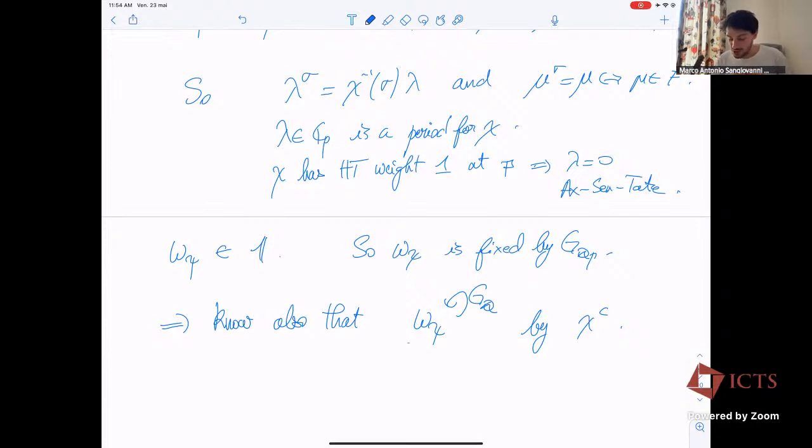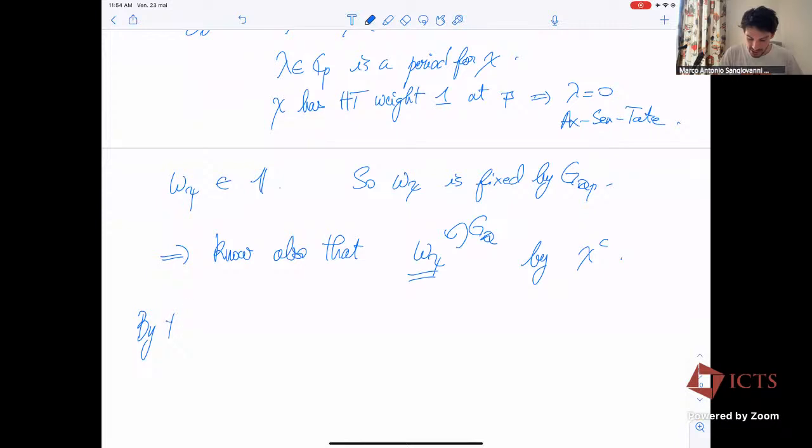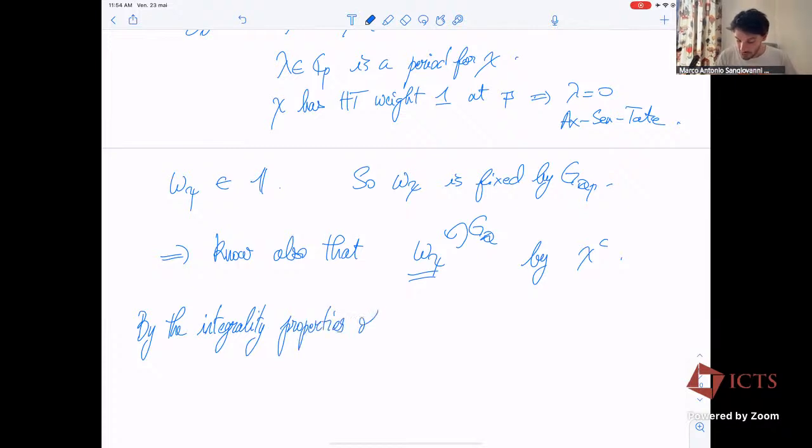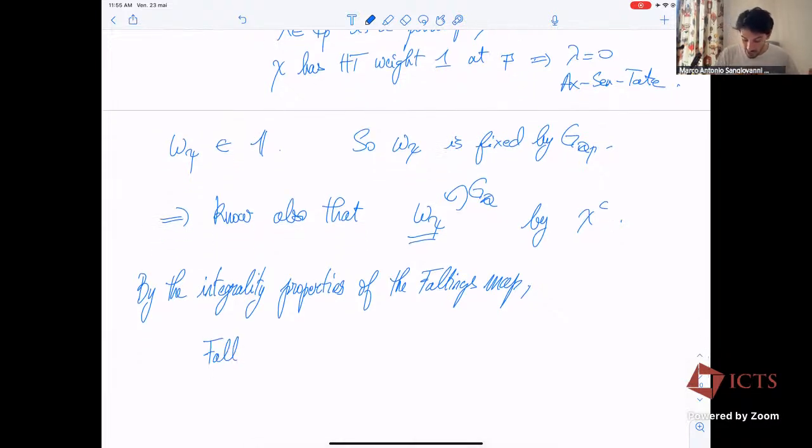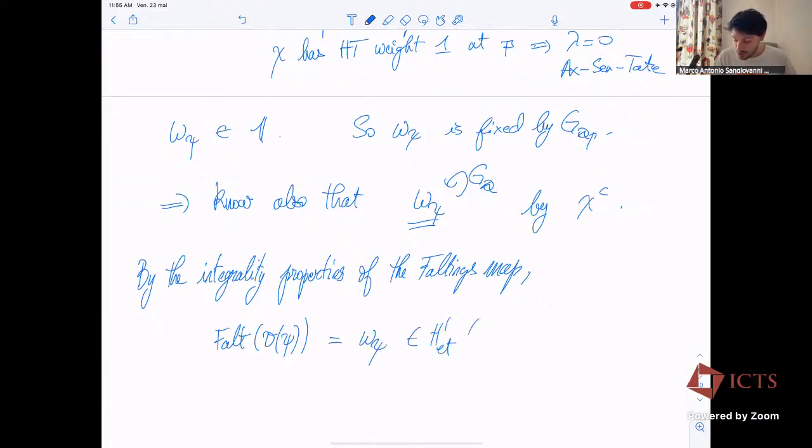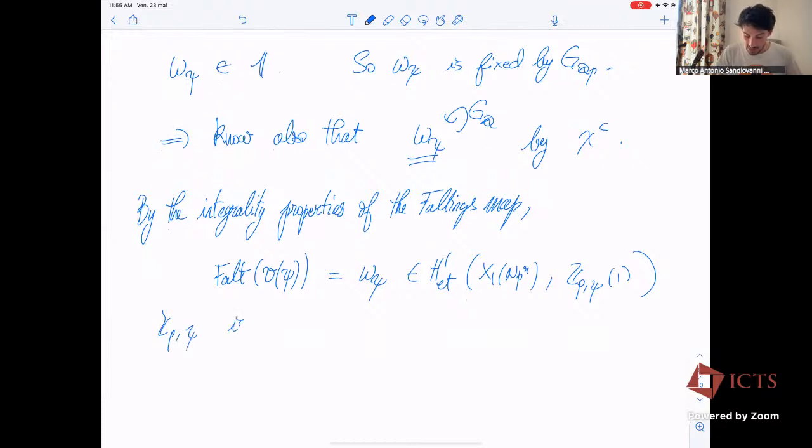Okay. And so now the Faltings map, by the integrality properties of the Faltings map that I explained before, plus a little bit of extra work, but really nothing interesting, really just basic linear algebra, you know that Faltings of theta psi, which is equal to omega psi, belongs to H^1_et of X_1(N p^r) with coefficients in Z_p[psi], where Z_p[psi] is Z_p adjoining the values of psi.